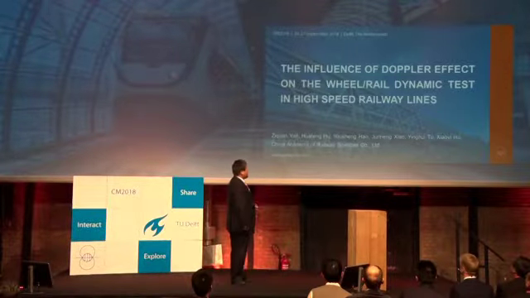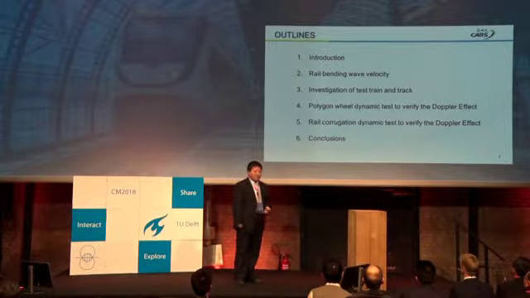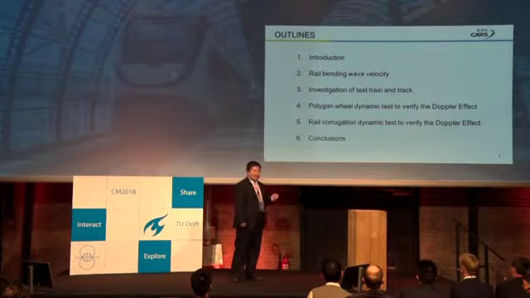This presentation has 6 parts: introduction, rail bending wave velocity, investigation of the test train and track, two dynamic tests to verify the Doppler effect, one is the polygon wheel dynamic test and the other is the rail corrugation dynamic test, and then the conclusion.